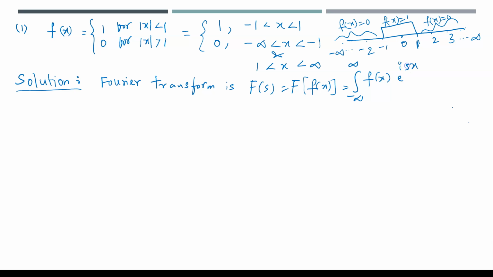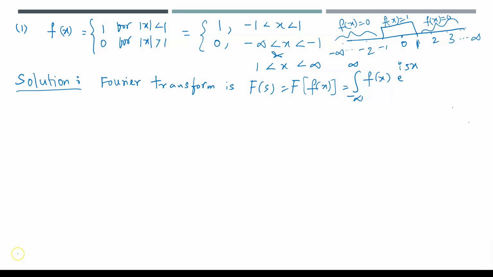In the definition, whatever we have seen, I have written this definition in terms of t, but here the given function is in terms of x. That's why here we have used f(x) e power isx dx.